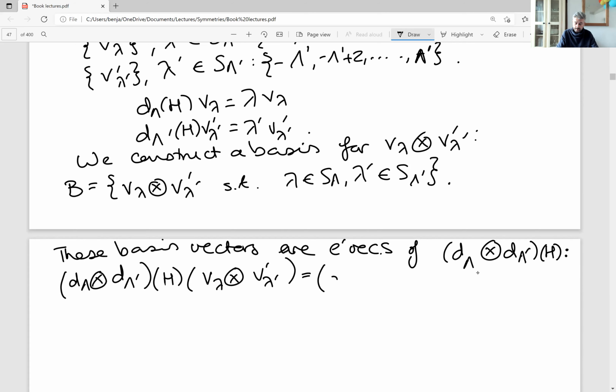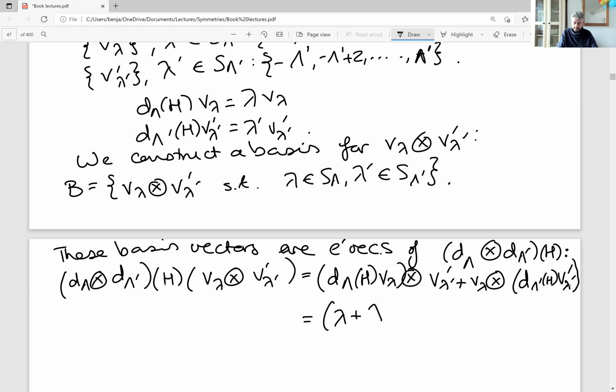And so we get the first representation acting on v lambda cross v prime lambda prime, plus v lambda tensor product with d lambda prime of h acting on v prime lambda prime. Then we look back to our eigenvalue equations and we see that this is equal to lambda plus lambda prime of v lambda cross v prime lambda prime.